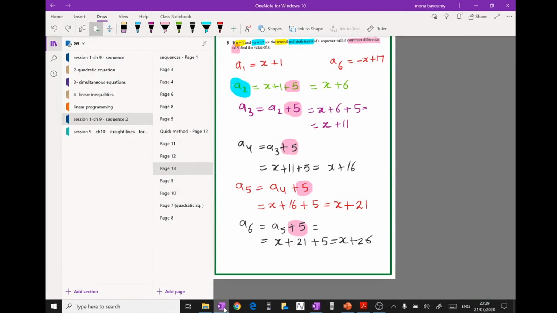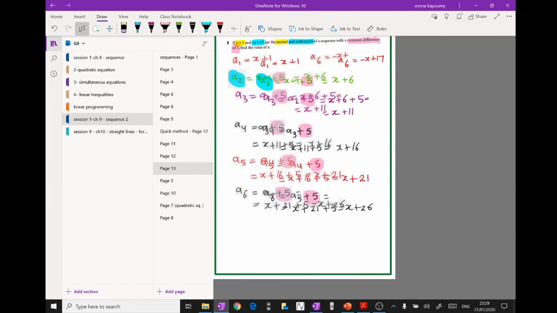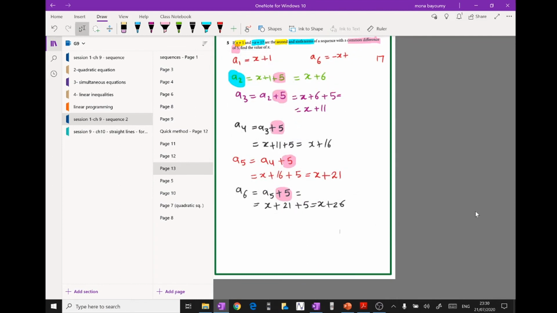So we have to find the value of x. To find it, we have to put them equal. x plus 26 is equal to negative x plus 17.